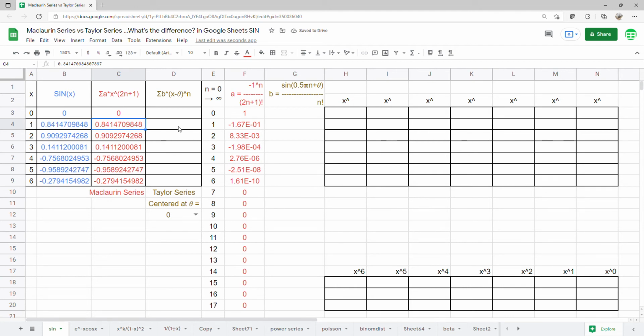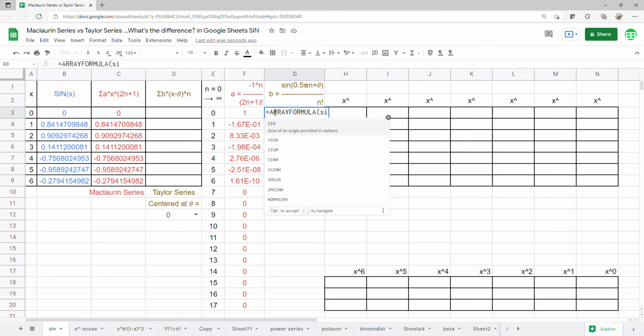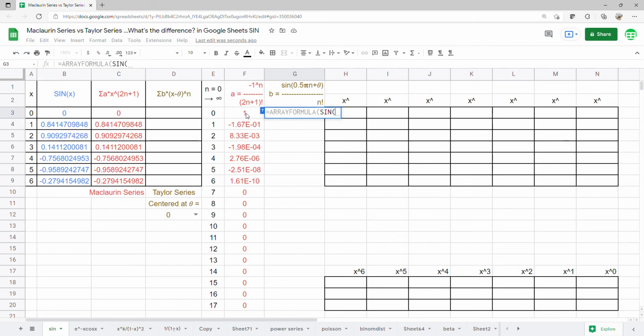Continue with the Taylor series, which is the summation of b times x minus theta raised to the power n, where the value of b is, again, RA formula, sine of 0.5 times pi times n.